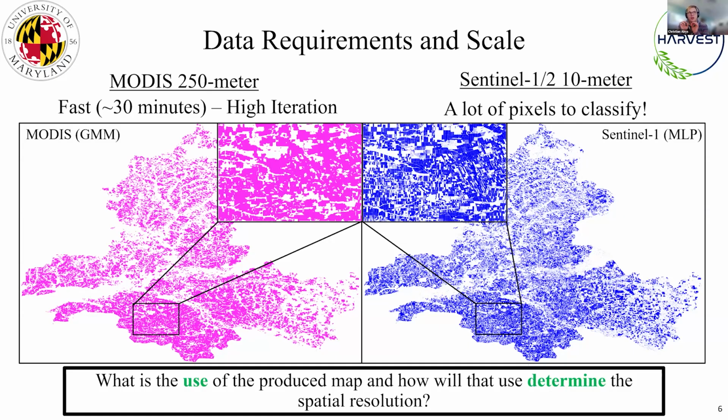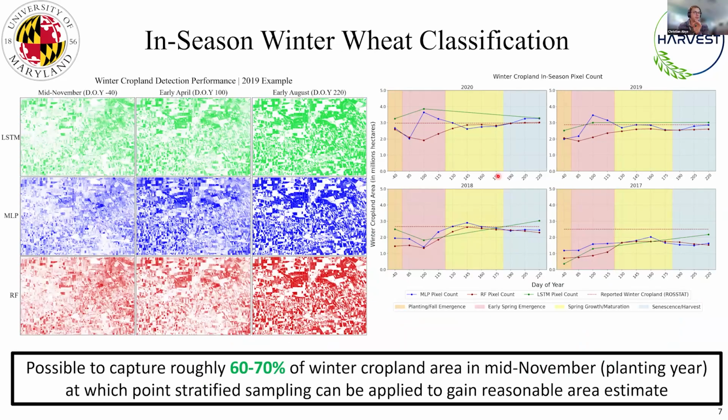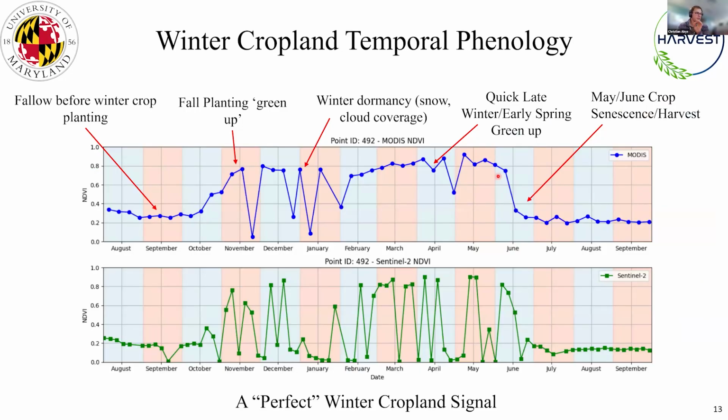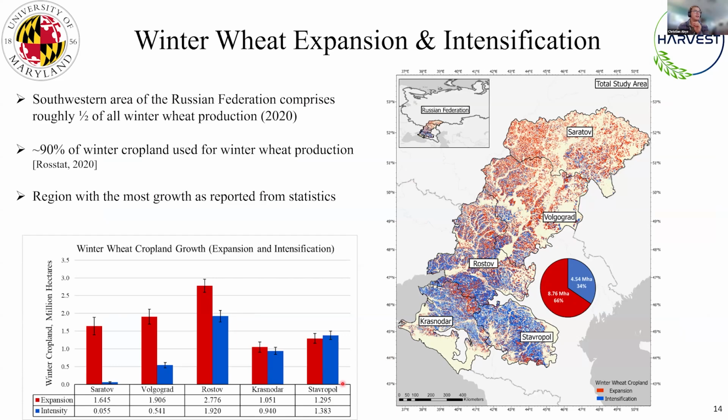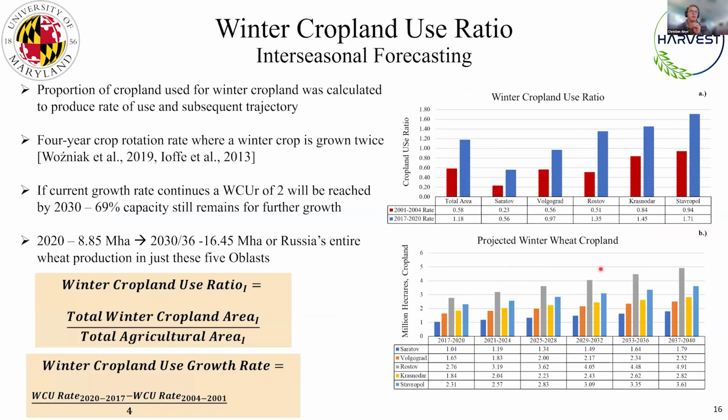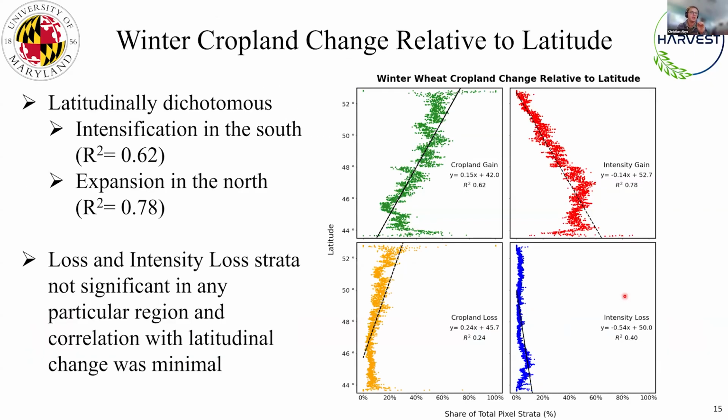is in the southern regions, and let me pull this up. In the southern regions, which is Stavropol, Krasnodar, and parts of Rostov, let's focus on 2017 to 2020.